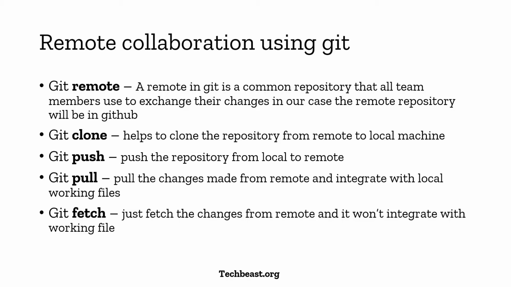So you are the one who needs to decide whether you want to integrate with your working files or not. So git pull and fetch you can use according to your need. Git fetch is less risky. In case you want to review or do something before you are confident with your code, you can always do git fetch. And with git pull, it's like: okay, fine, the code is good and I'm ready to accept the changes, so you can straight away execute git pull.